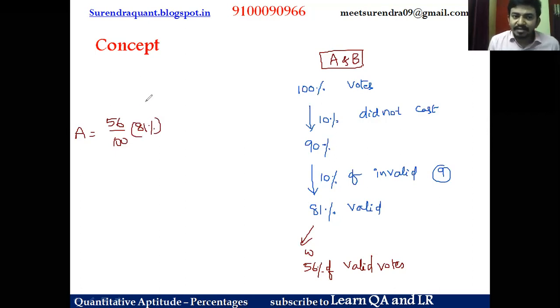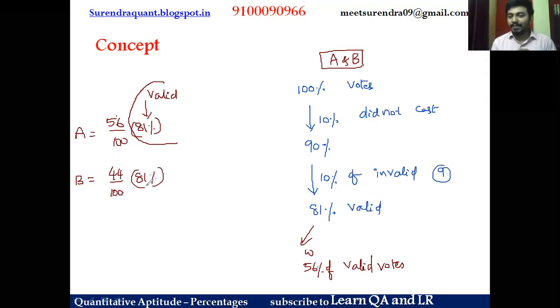So this 81% is the valid votes. Among these valid votes, the winner got 56%, that is A. What about B? If 56% comes in favor of A, what percent comes in favor of B? Remaining 44%, right? So forget about this 81. Here 56% comes in favor of A, so 44% of the valid votes, 44% of 81% comes in favor of B.